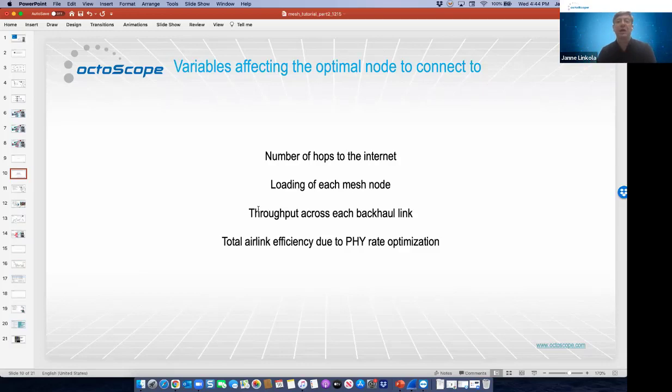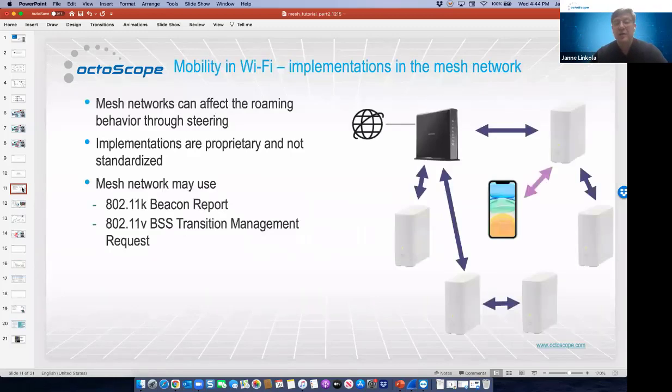And that frees up airtime for other stations in the mesh and actually in the environment. So there's all these considerations. And now a simple RSSI-based roaming algorithm that's traditionally implemented in stations is not going to capture much of that complexity.